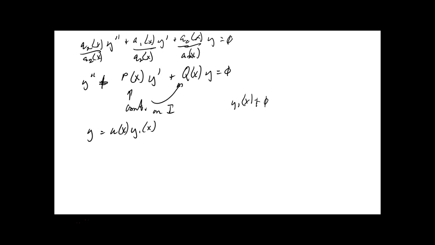Then you go through the process of taking derivatives, y prime and then y double prime, and you get all the terms from the product rule, just like we did before, okay? And I guess we probably ought to do that.